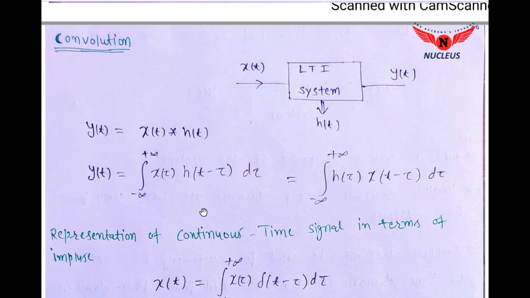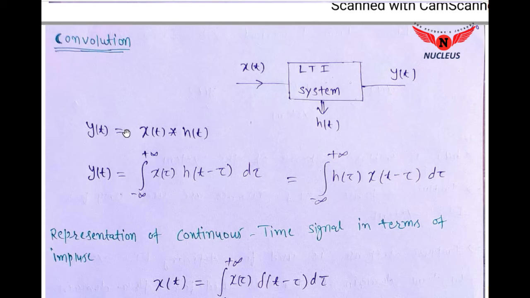The convolution also works the same way, from a lower limit to a higher limit. The representation of convolution between two signals is x(t) * h(t), where * is the sign of convolution, x(t) is our input, y(t) is our output, and h(t) is the impulse response.